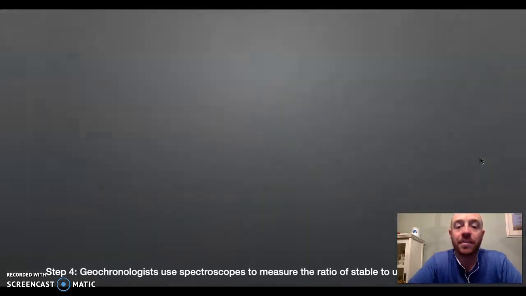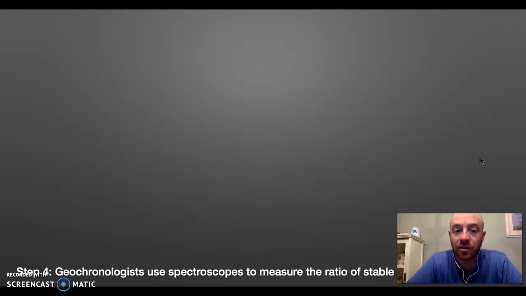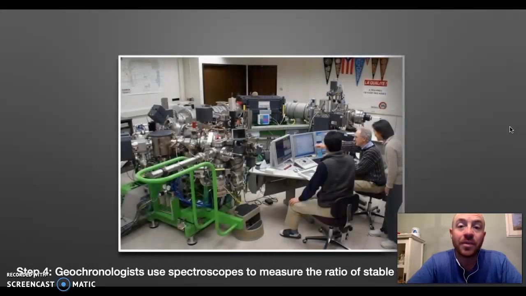All right, the fourth step. Now you have a geochronologist. The word chronologist just means someone who studies time, and geo has to do with the earth, like geology. They're going to use something called a spectroscope to measure the ratio of stable to unstable products. So this is what this looks like. This is a crazy machine right here.